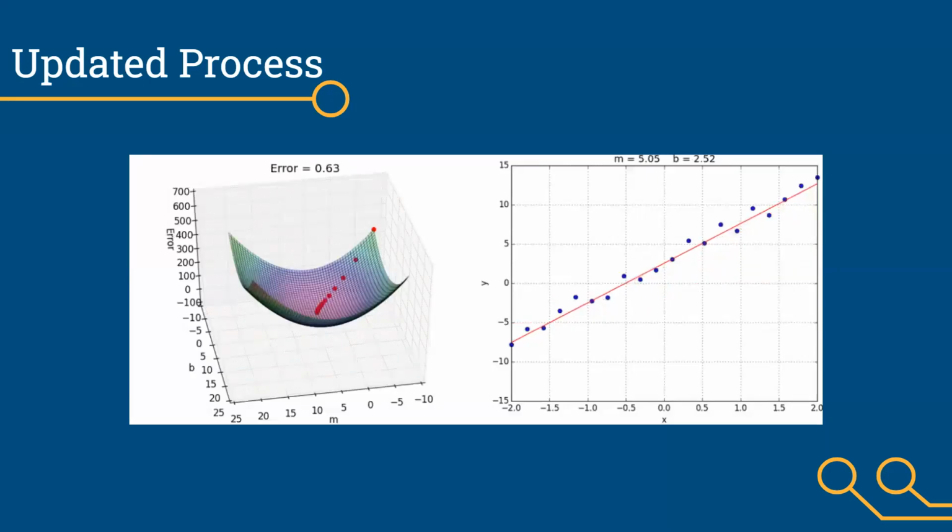What we can do is take the partial derivative with respect to each variable we want to optimize for. For the slope, we take the partial derivative with respect to m. For the y-intercept, we take the partial derivative with respect to our y-intercept value.